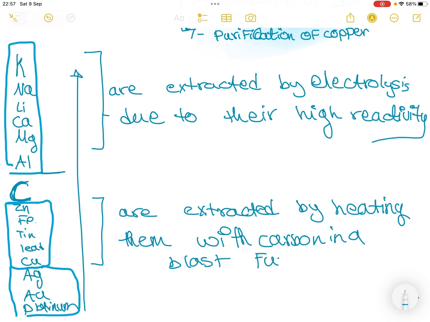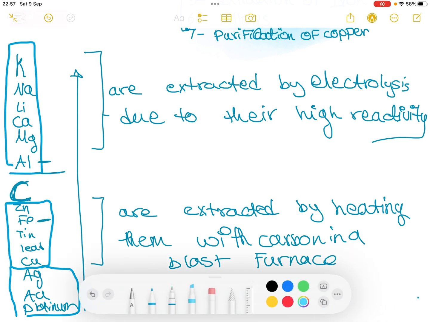So we're going to have the extraction of aluminium by electrolysis and extraction of iron by carbon. We're going to explain both ways.